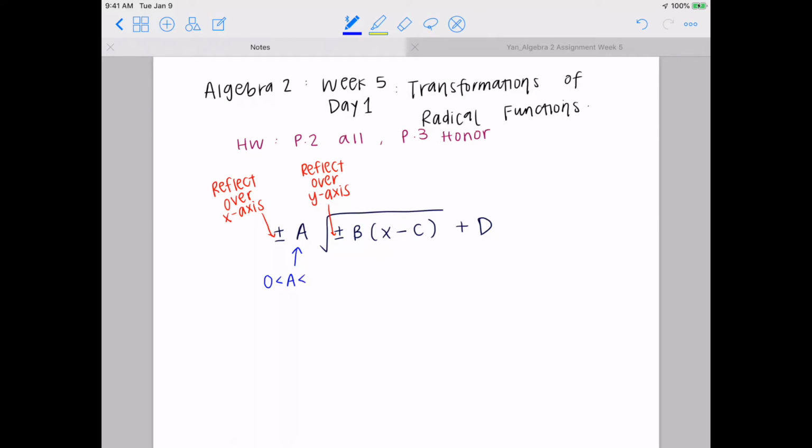If this a is between 0 and 1, for example 1/2, 2/3, or 1/4, any of that that's smaller than 1 but still bigger than 0, we would say this is compressed vertically by a factor of a.